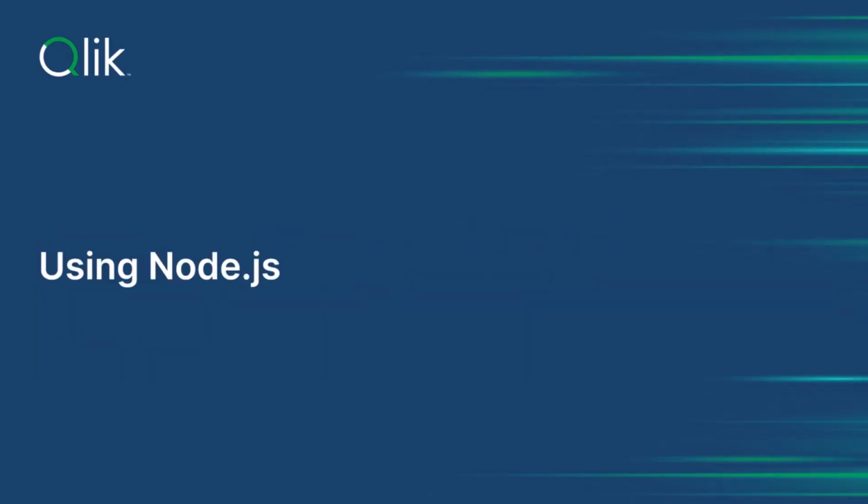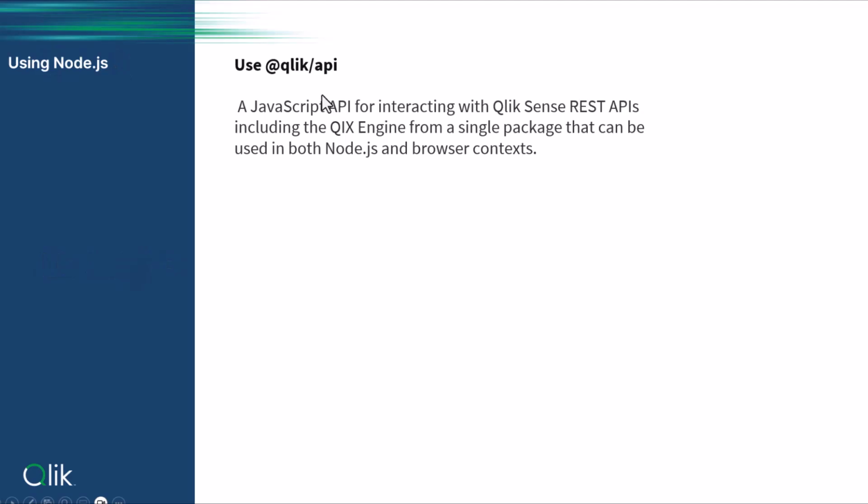The first method assumes that you are running in a Node.js framework. In this case, we have the Qlik API NPM package you can install, which makes it a bit easier to use the OAuth authentication framework.